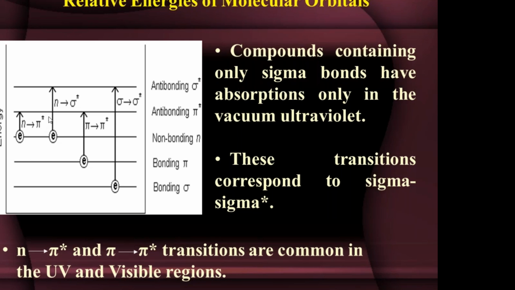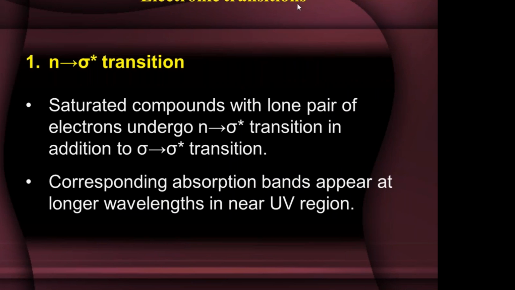It may occur for certain molecules only. The majority of molecules will show n sigma star also in the vacuum UV region. So the primary transitions are n pi star and pi pi star, out of which pi pi star is the most probable transition in the UV visible region. So we'll see each of these in detail. N sigma star transition.